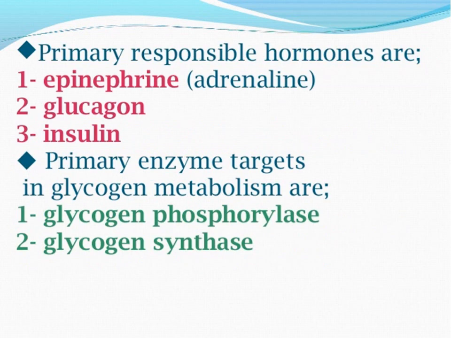The primary responsible hormones are epinephrine, glucagon, and insulin. The primary enzyme targets in glycogen metabolism are glycogen phosphorylase and glycogen synthase. The hormones are epinephrine or adrenaline, glucagon, and insulin, and the enzymes are glycogen phosphorylase and glycogen synthase.